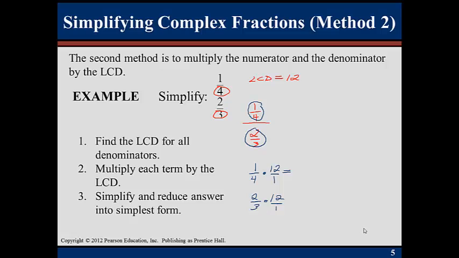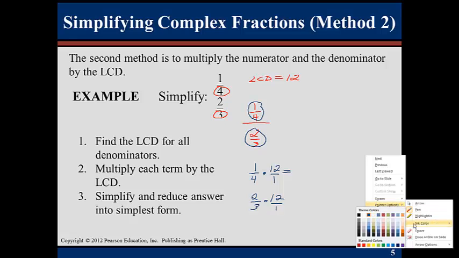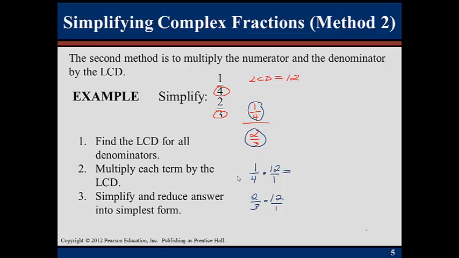We can simplify. So 4 and 12, we can simplify the 4 and the 12. I can divide both by 4, making the 4 a 1 and the 12 a 3. So now I really have 1 times 3, which is 3, all divided by 1 times 1, which is 1.